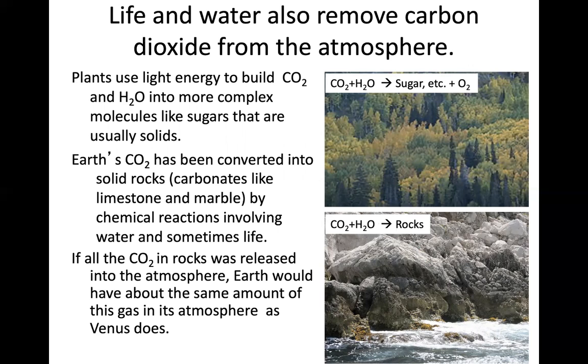Carbon dioxide can react with water to produce rocks, known as carbonates. This happens on Earth often due to life. Various living creatures create minerals from carbon dioxide and water in oceans. But it can also proceed without.